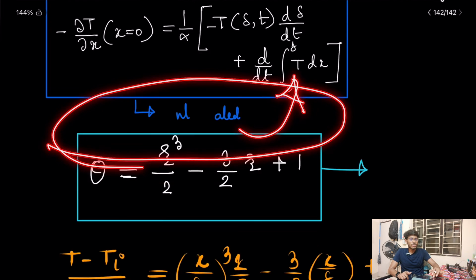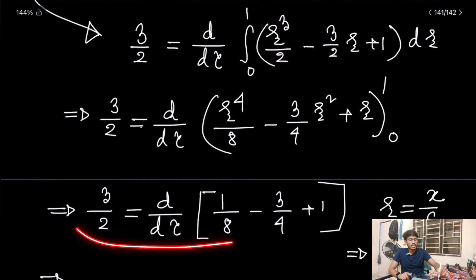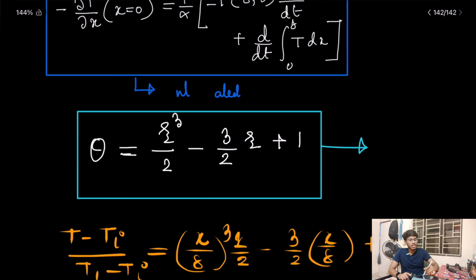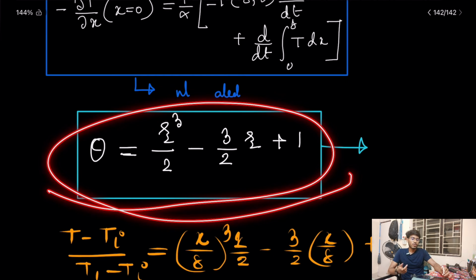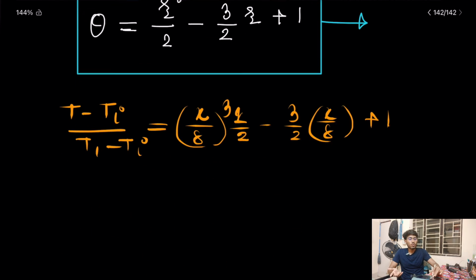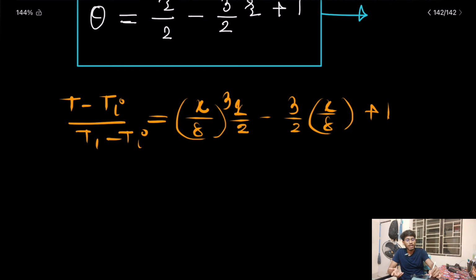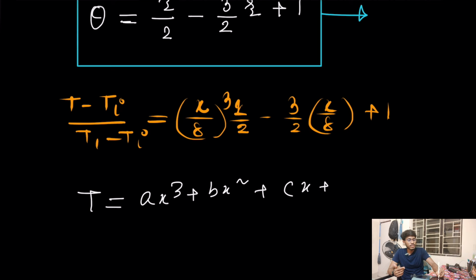Now you can argue that if this is not working, then how is this working? See, you could have defined it like this, that my t is equal to some ax cube plus bx square plus cx plus d.